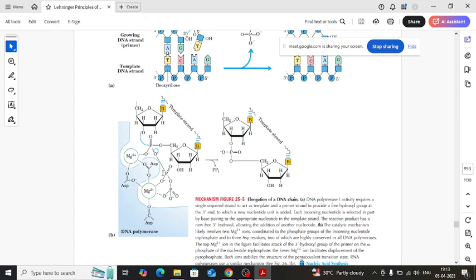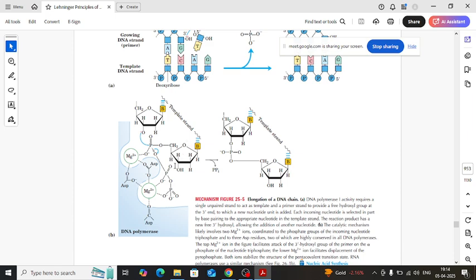So just to reduce the repulsion, this Mg2+, which is positively charged, comes here to act as a mediator, so that DNA polymerase can interact with the negatively charged DNA strand, or the dNTPs, right, through this mediator Mg2+.